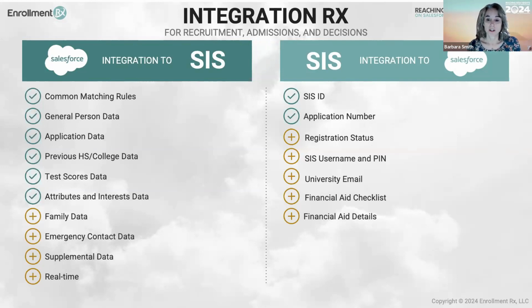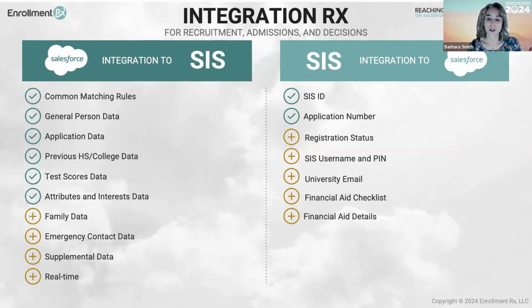including registration status. So some of those things on the right-hand side, the email address, if you've already given them a university email address. Financial aid is one part that we didn't talk about: we will bring out financial aid detail information. Have they completed a FAFSA? Or were they chosen for verification? We can also bring over award data for financial aid.